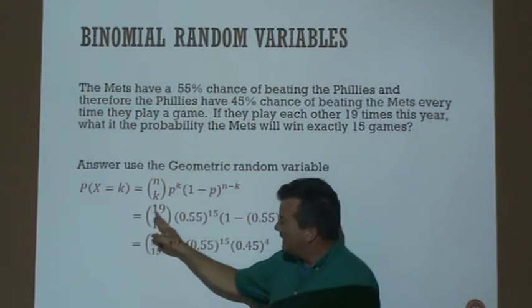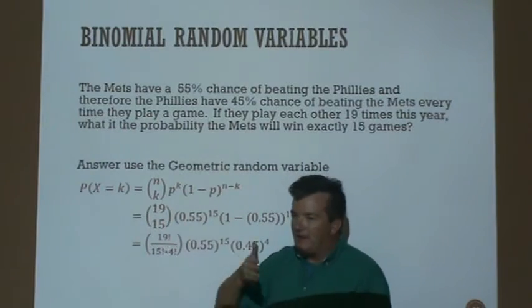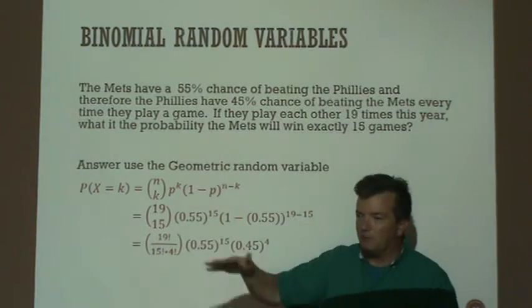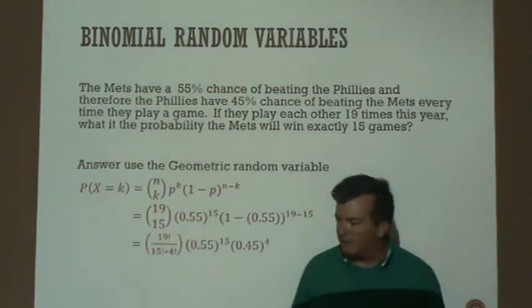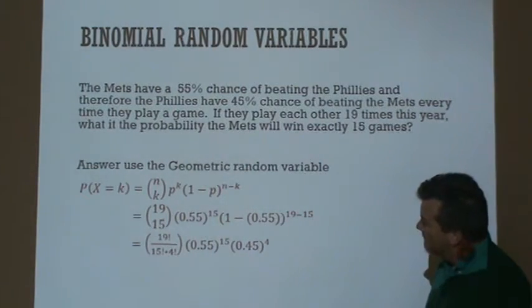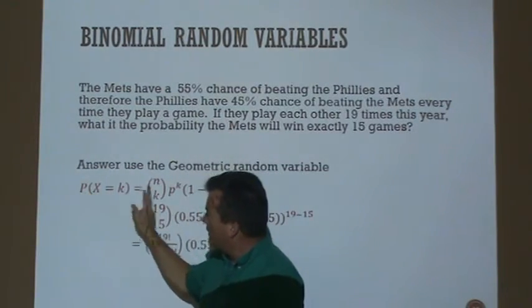There's 19 factorial ways of arranging them, but 15 out of 19 are repeats of each other, so you'd be dividing by 15 factorial, and then the other 4 are repeats of each other and divided by 4 factorial.